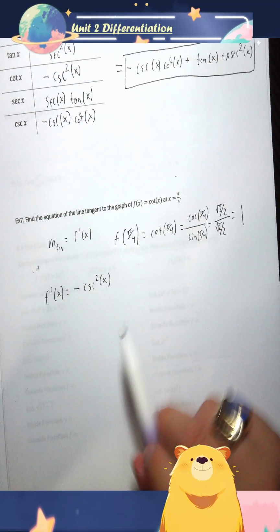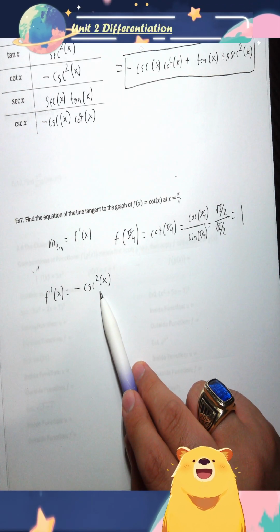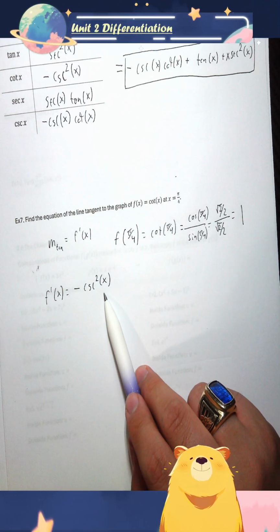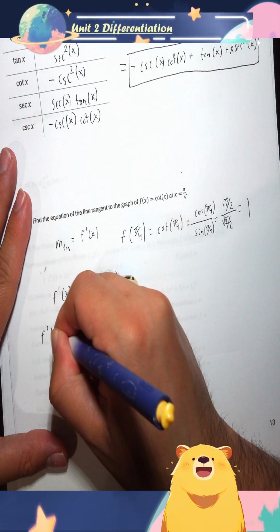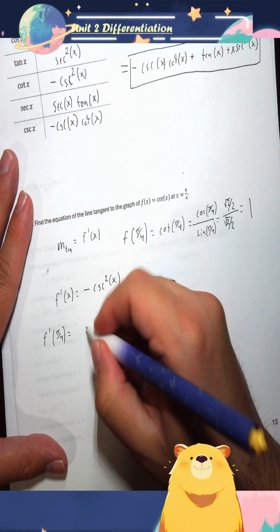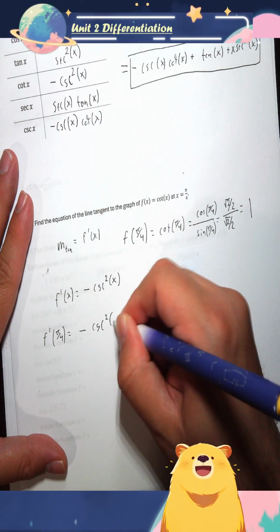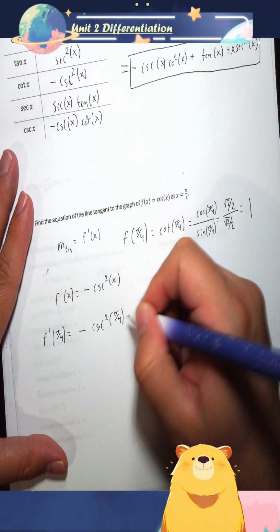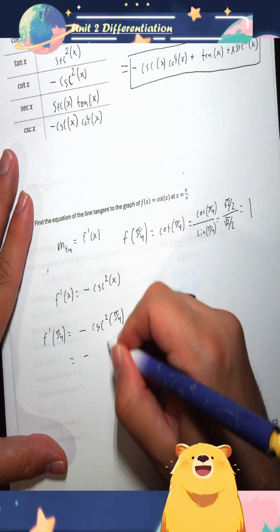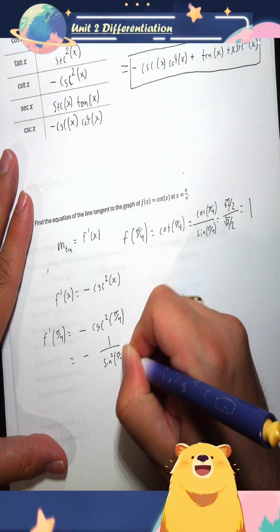Now, with this derivative done, we're going to plug in f prime of pi over 4. Negative cosecant squared of pi over 4. Let's rewrite this in terms of its sine definition. Sine squared of pi over 4.